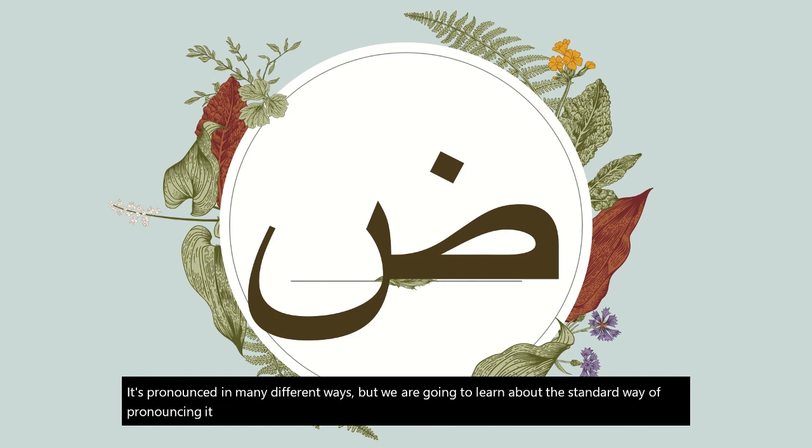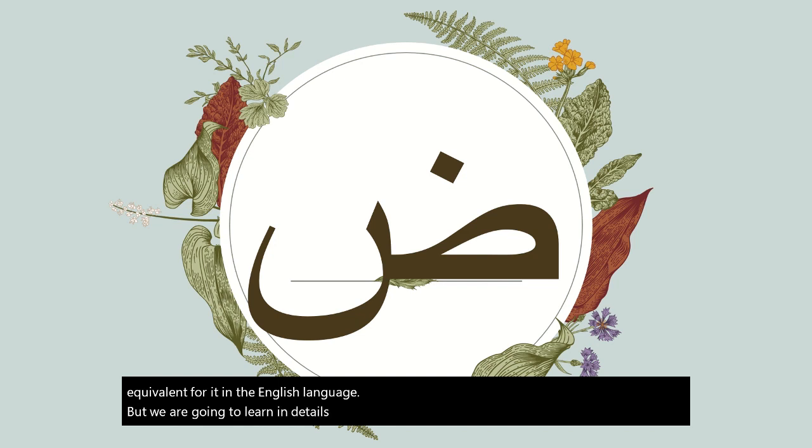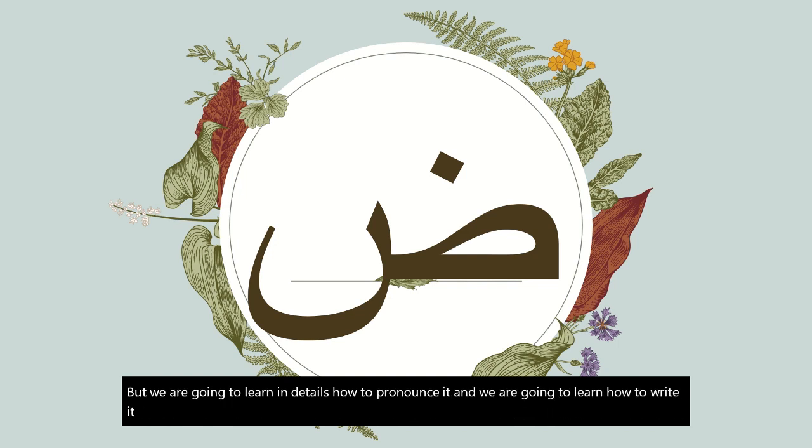It's a difficult letter to pronounce for English speakers because there is no equivalent for it in the English language. But we are going to learn in detail how to pronounce it, and we are going to learn how to write it as well and to practice reading in the end.